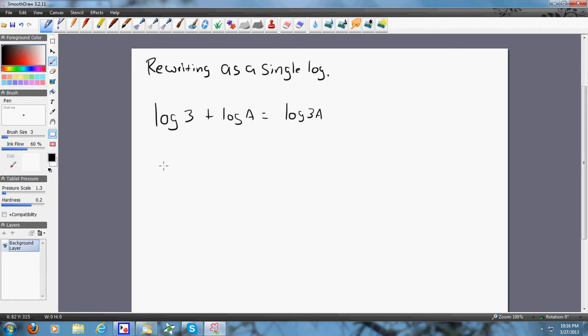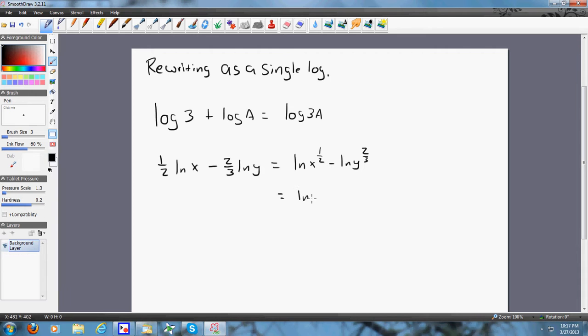That's pretty basic. If I had 1/2 the natural log of x minus 2/3 natural log of y, the first thing I'd do is say, well, that's the natural log of x to the 1/2 minus the natural log of y to the 2/3.